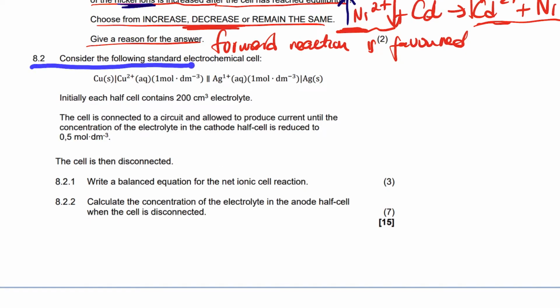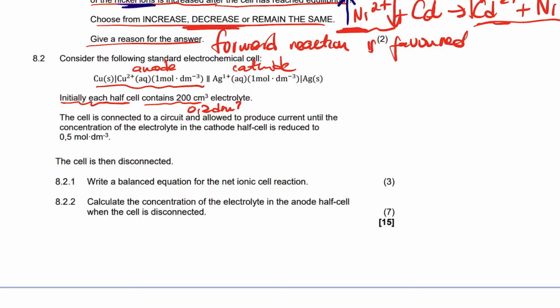8.2 says consider the following standard electrochemical cell. We have the net cell here. This is the cell notation. So we know in the cell notation this is the anode, so that means the copper is oxidizing, and the silver is the cathode. That means the silver is reduced. It says initially each cell contains 200 cubic centimeters, which is 0.2 dm3.